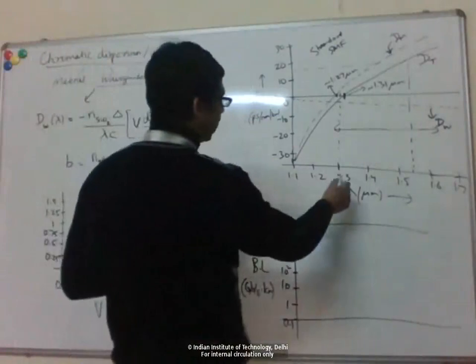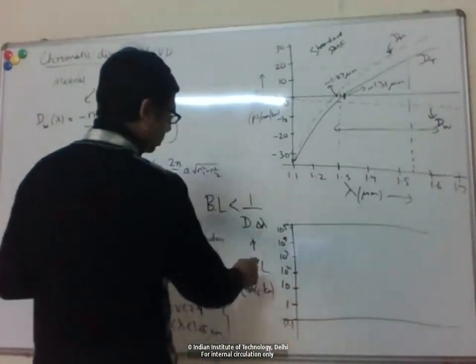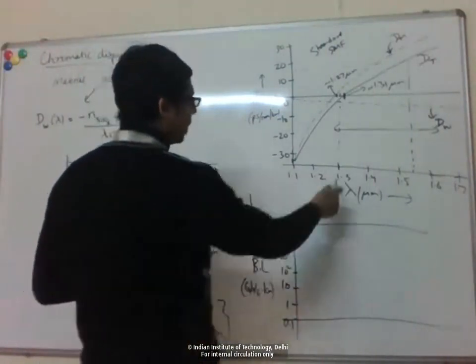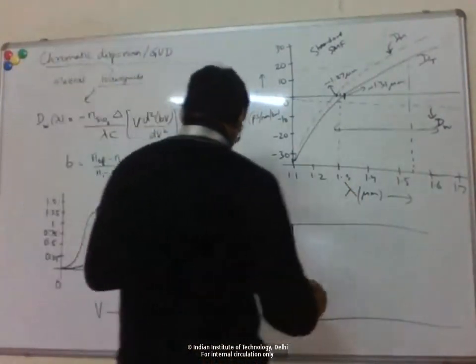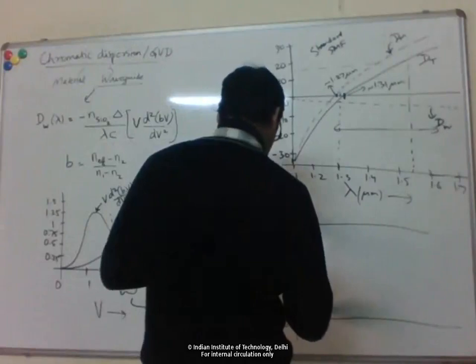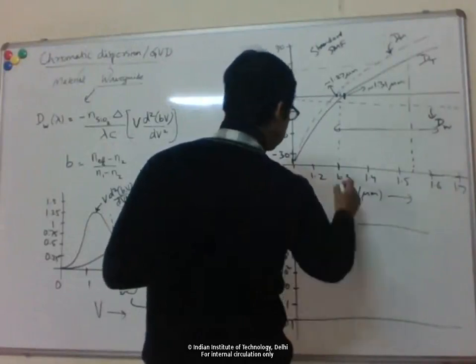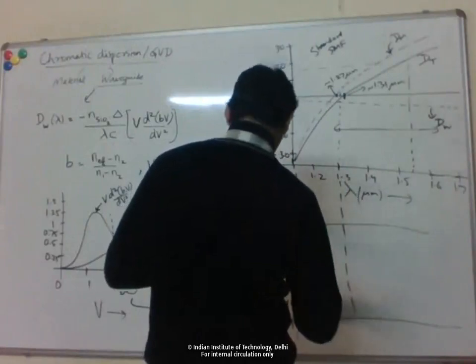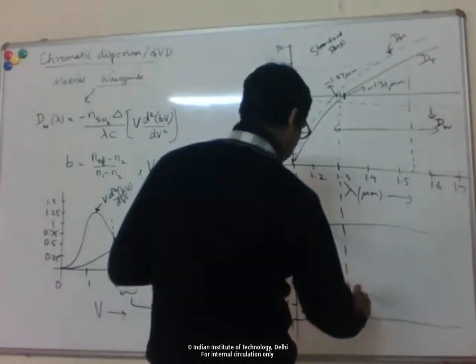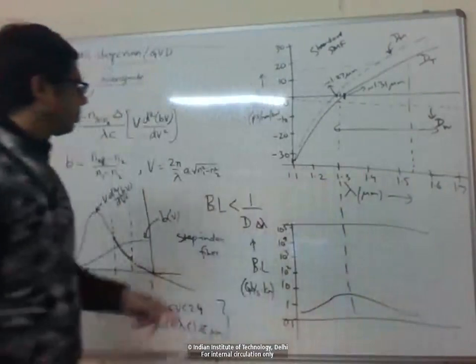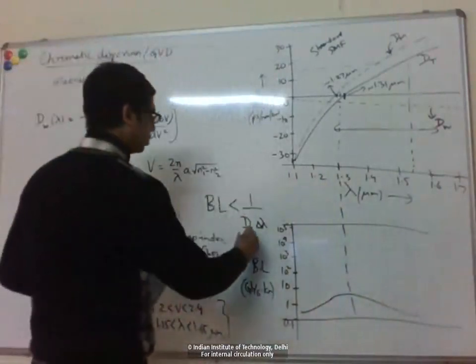You can see that B times L will maximize around 1.3. Here D is total dispersion. D is total dispersion, yes.